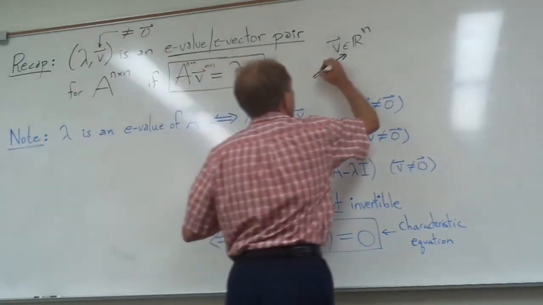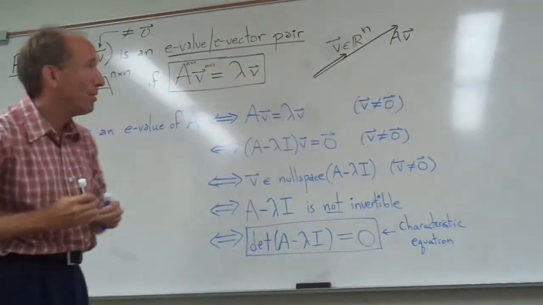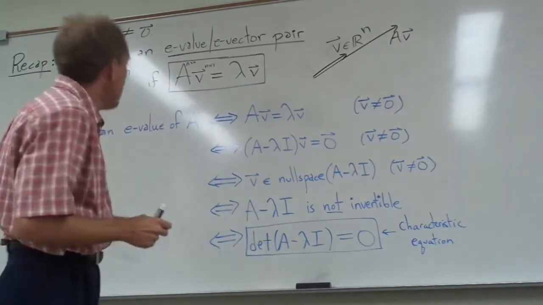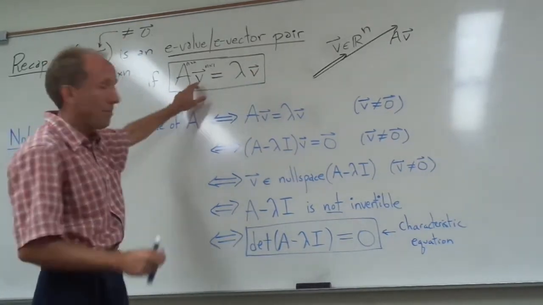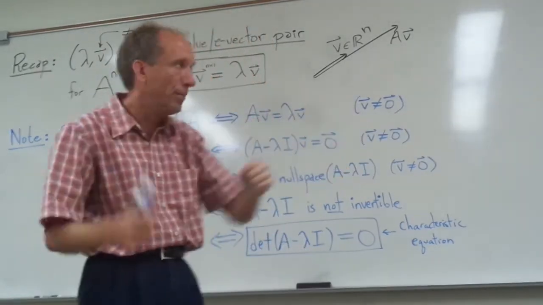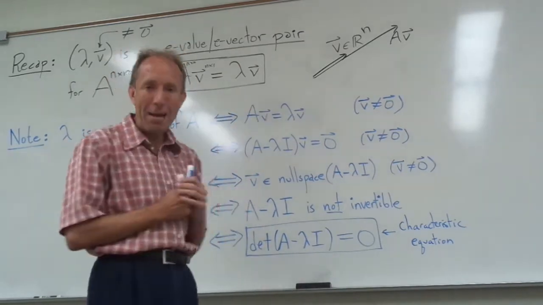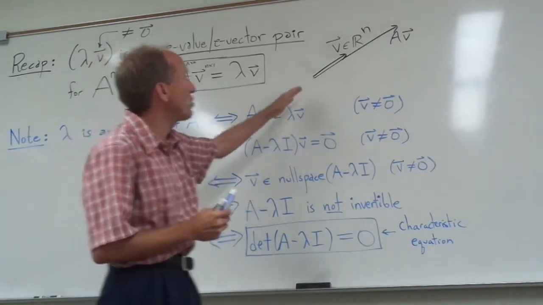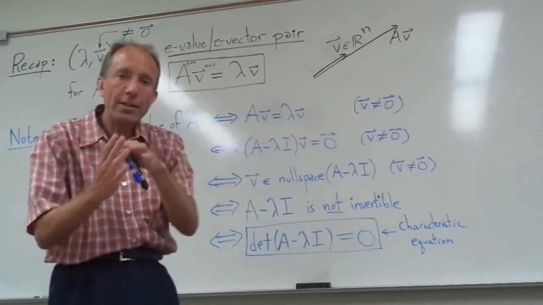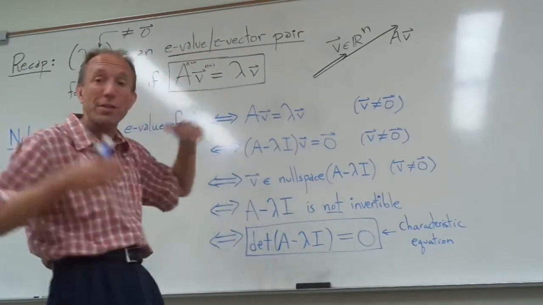And if that vector happens to just be a scalar multiple, lambda times v, then your vector is an eigenvector. And the corresponding scalar multiple, which is kind of like the stretch factor, is what we're calling lambda here. So this picture just shows what's going on. Remember, the matrix is like a function.